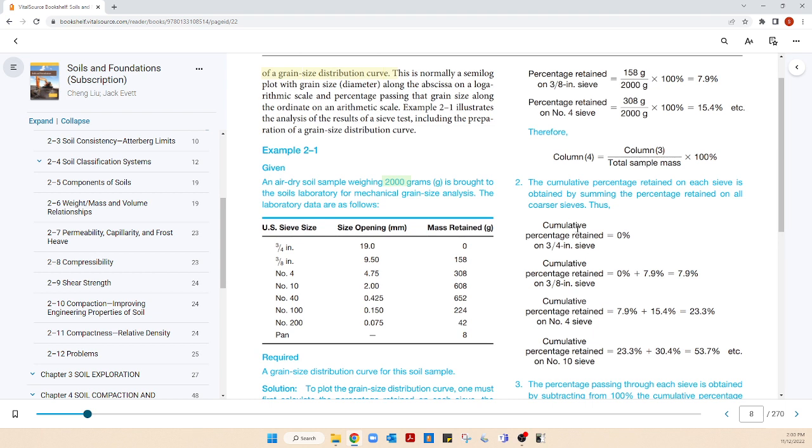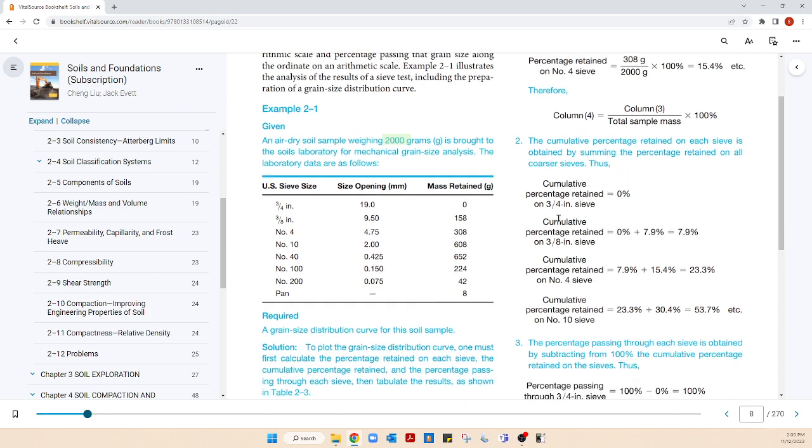The cumulative percentage retained on each sieve is obtained by summing the percent retained on all coarser sieves. Thus, the cumulative percentage retained on the 3/4 inch sieve is 0. There's nothing to add to that.